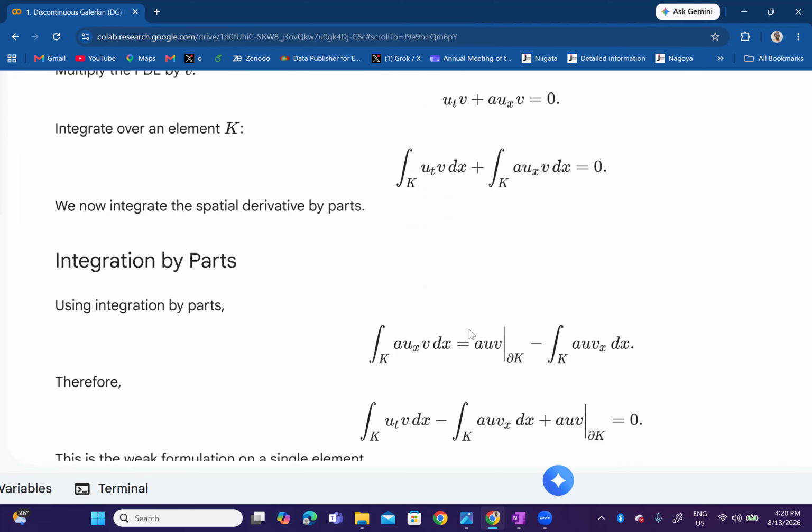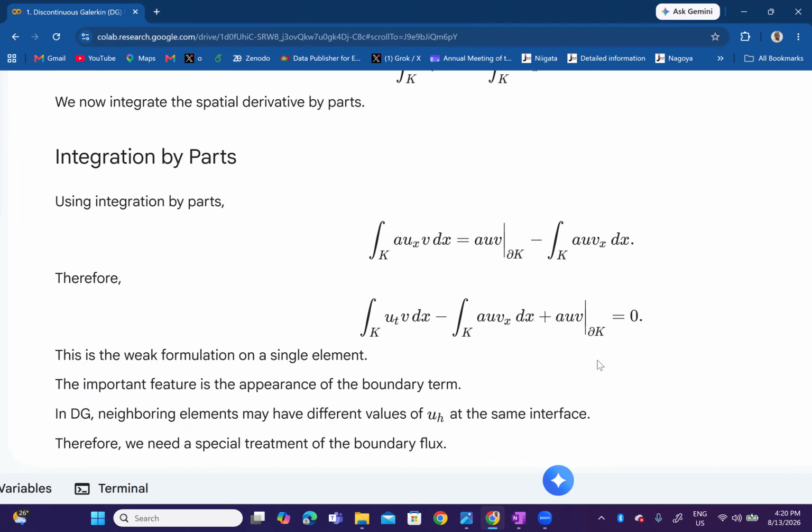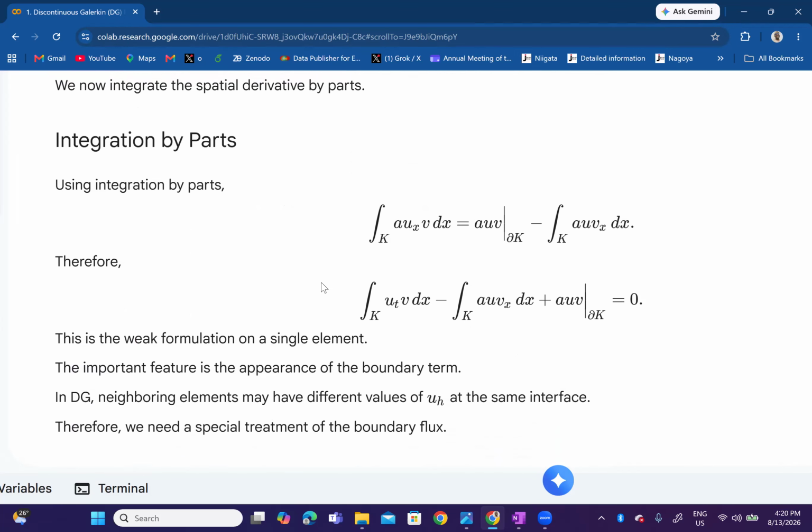So we have the integral over k of a u sub x v dx, and that will be equal to a u v evaluated at the boundary of k, minus the integral over k of a u v sub x dx. That's integration by parts right there.